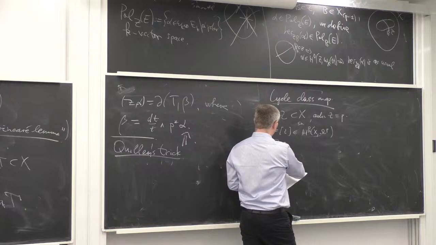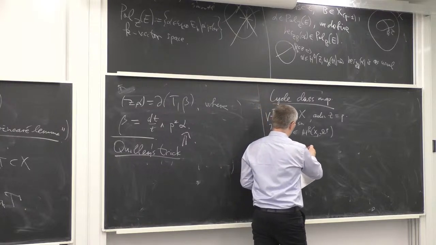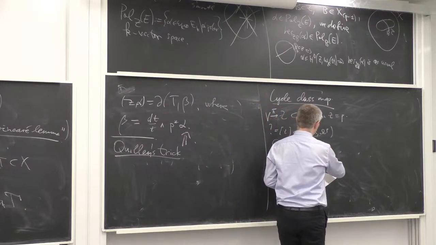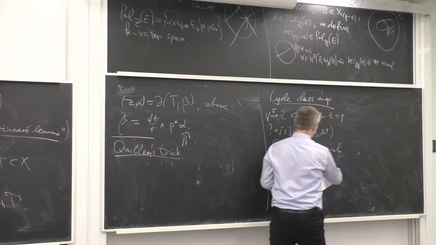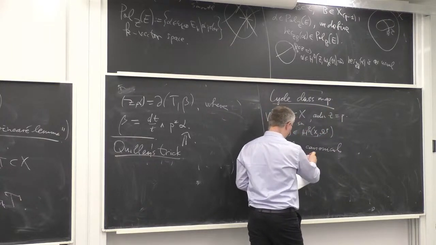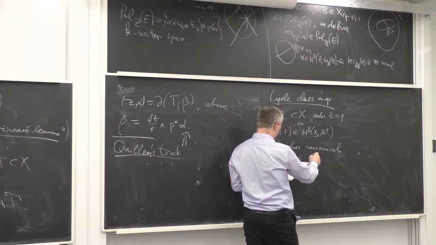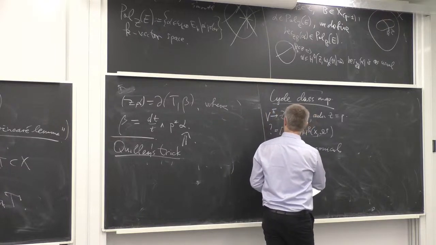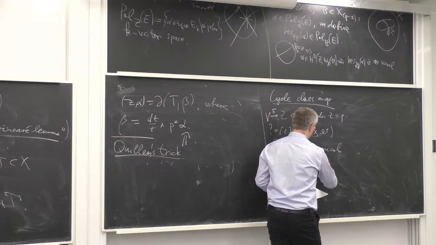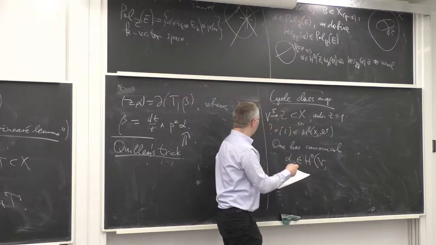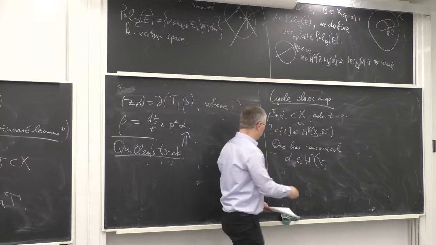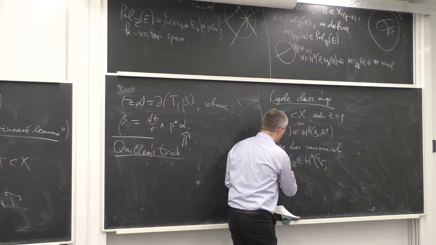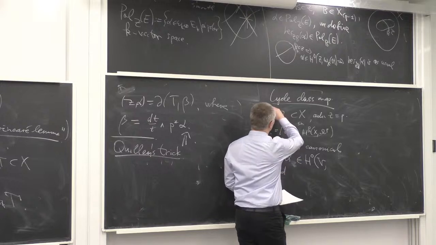So one has a canonical element alpha_Z in H^0 of V. I have d pi, well, let's denote this by f.